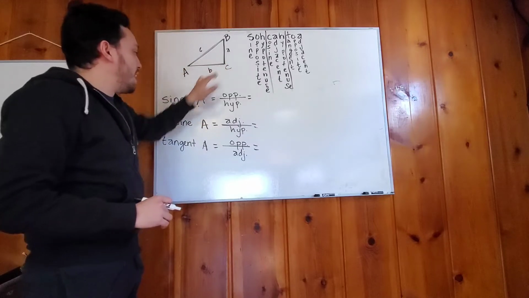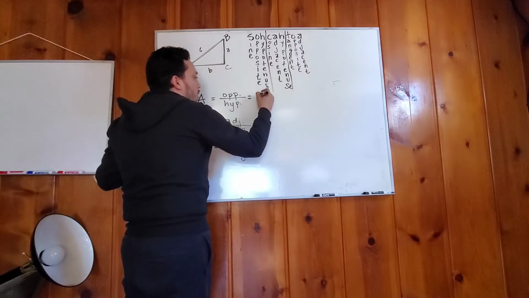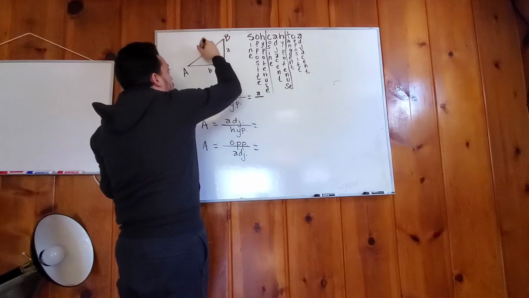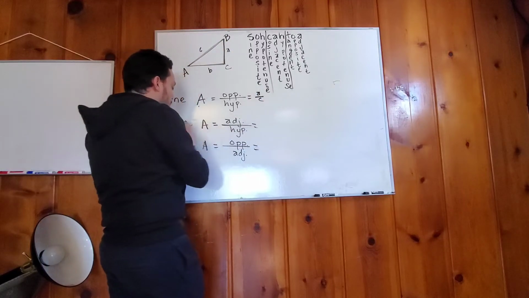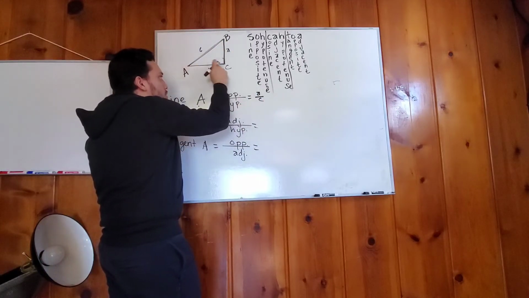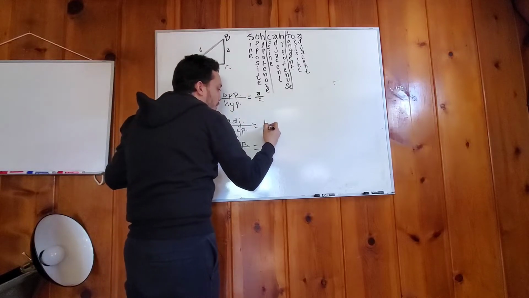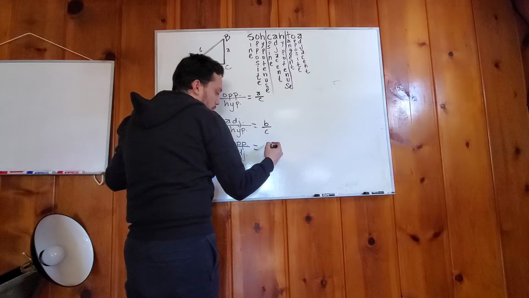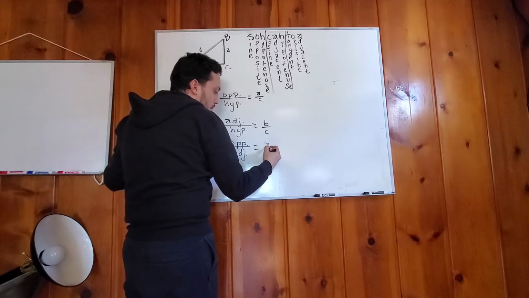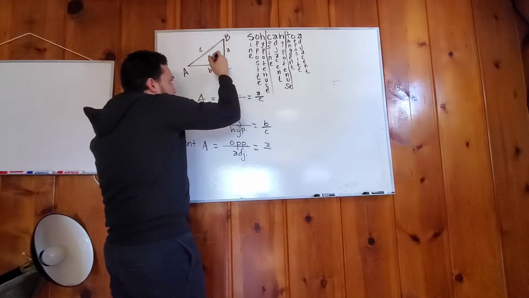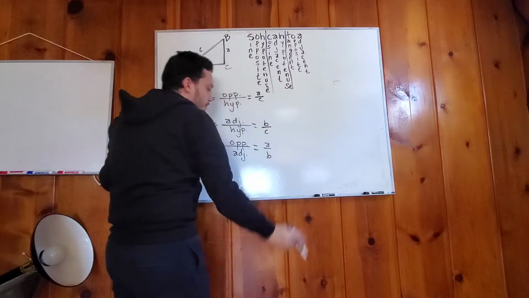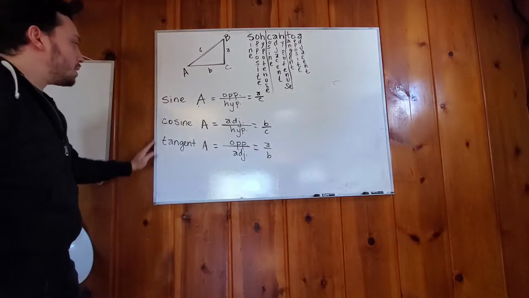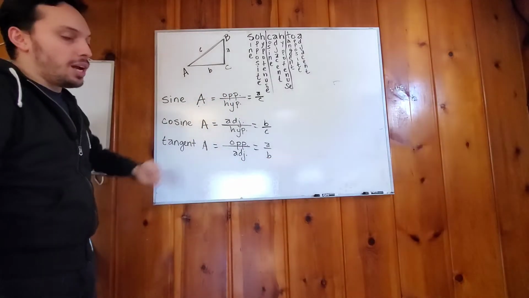Opposite of A is side A. So we're going to have A over the hypotenuse, which is C. What about cosine? Cosine is the adjacent, which is B over C. And the tangent of A would be opposite over adjacent, A over B. That's it. That's the sine, cosine, and tangent according to angle A.